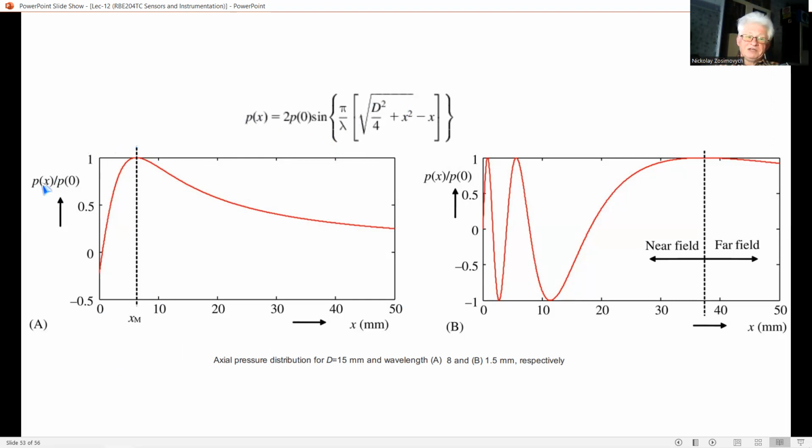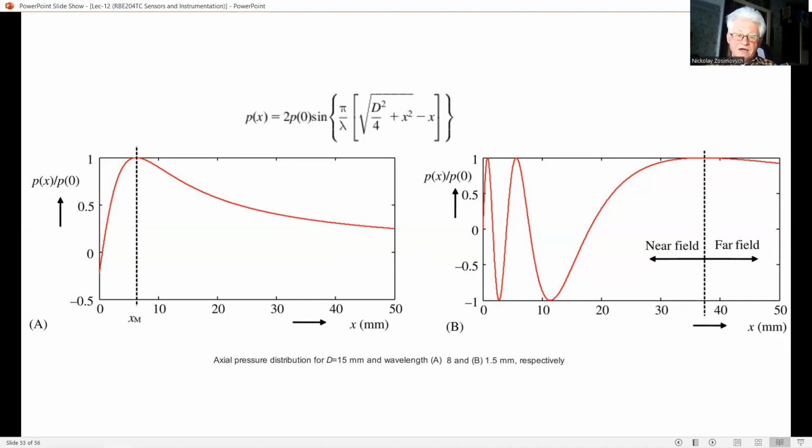It means that in most mechatronic applications, in particular TOF measurements in air, we only need to consider the propagation in the far field. An important sensor characteristic is the directivity diagram, representing the sound pattern in the far field.